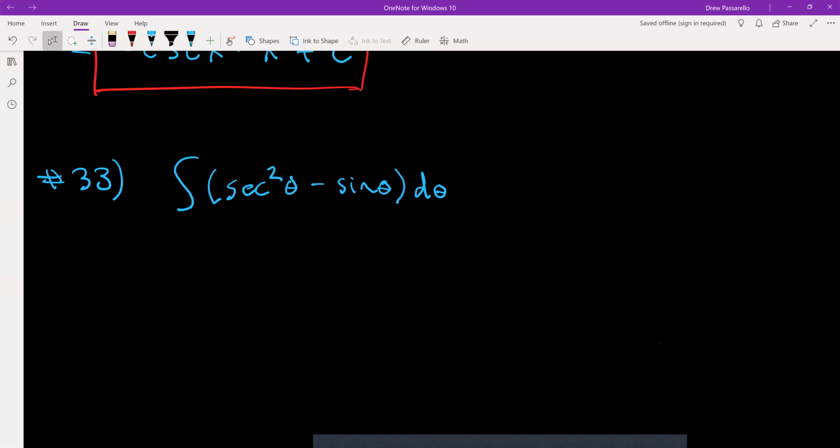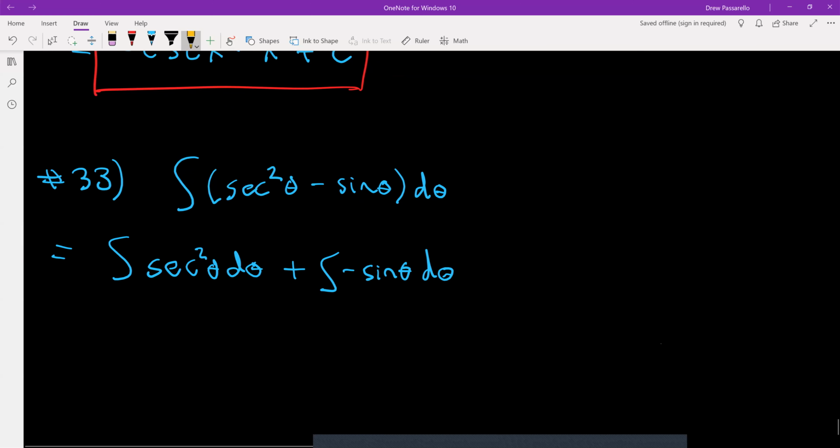And just for this video, I'll decompose it, so do it all steps. For all steps, I would write this as the integral secant squared theta d theta, and then plus the integral of negative sine theta d theta. I will make a comment that here our variable of integration is theta in this case.